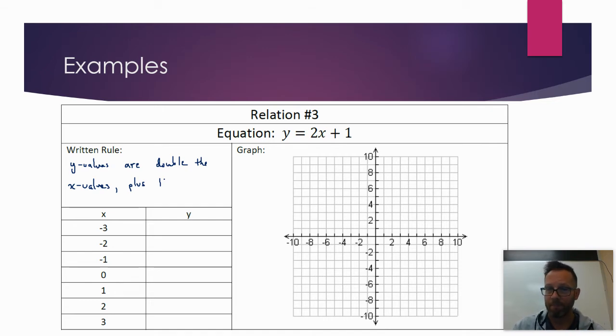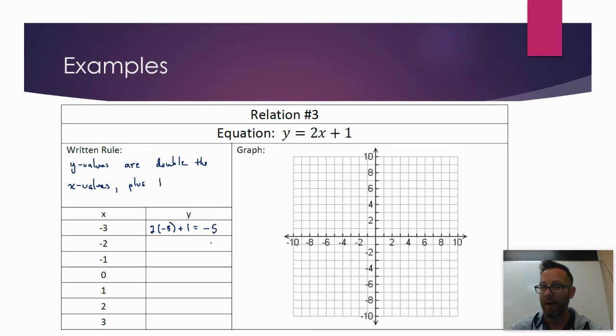And at this point, we're going to generate a table of values using that rule. So when x is -3, maybe if you need to write this out, that's fine. We're going to double the x value and then add 1. So 2 times -3 is -6, plus 1, that is -5.